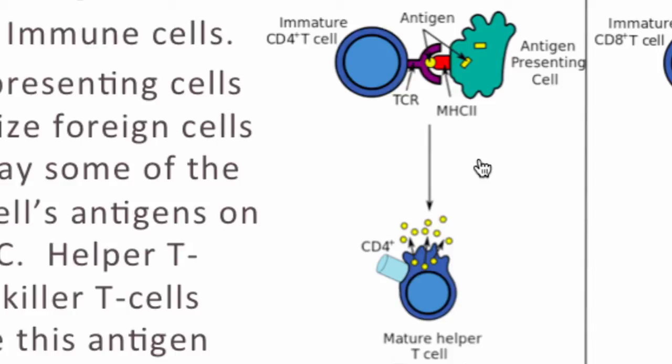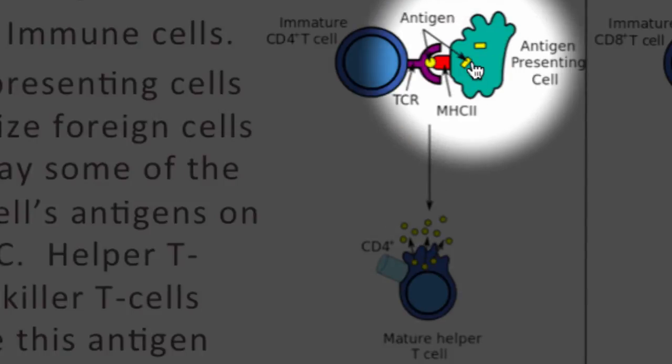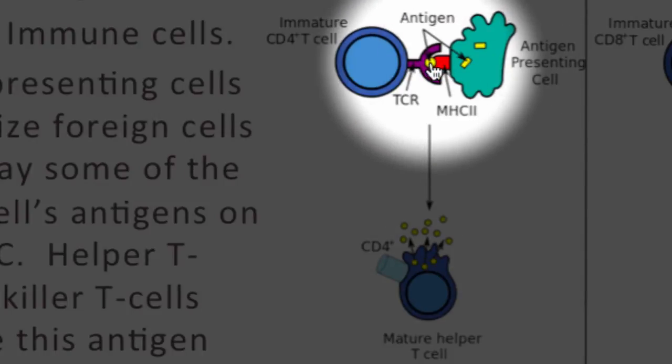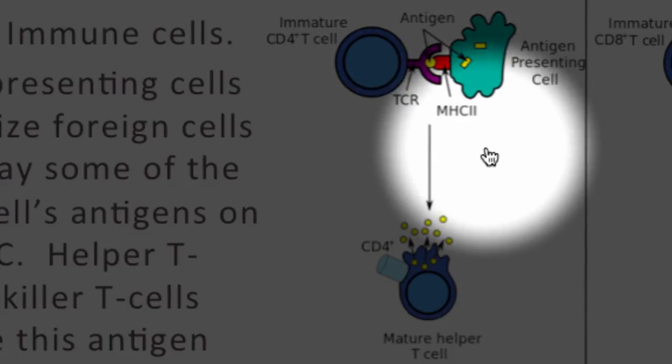When an antigen-presenting cell phagocytizes a pathogen, the antigen-presenting cell shows off pieces of the pathogen, known as antigens, in the MHC trophy case. So here's our antigen-presenting cell. It's showing pieces of the pathogen it just engulfed, and it's showing it to other cells by holding it out on its MHC2.